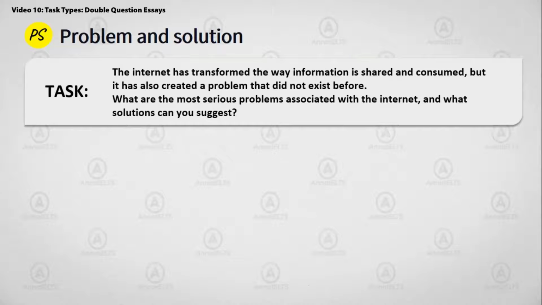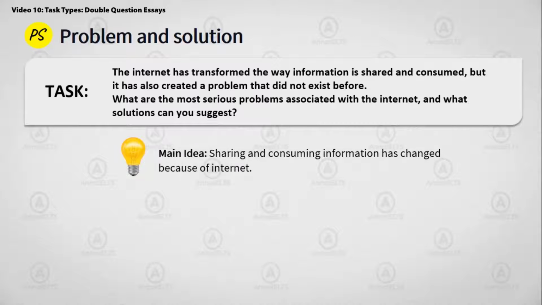The internet has transformed the way information is shared and consumed, but it has also created a problem that did not exist before. What are the most serious problems associated with the internet? And what solutions can you suggest? In this task, the main idea given in the statement points out that sharing and consuming information has changed because of the internet.